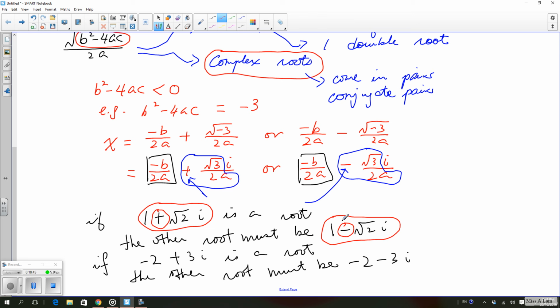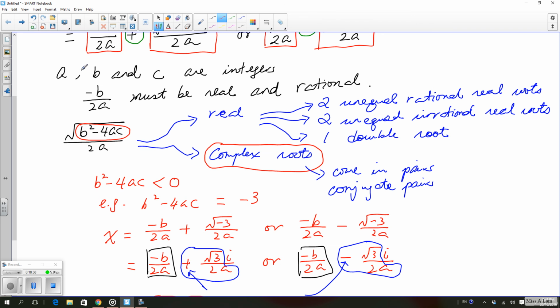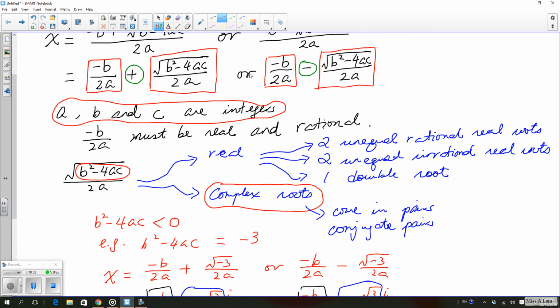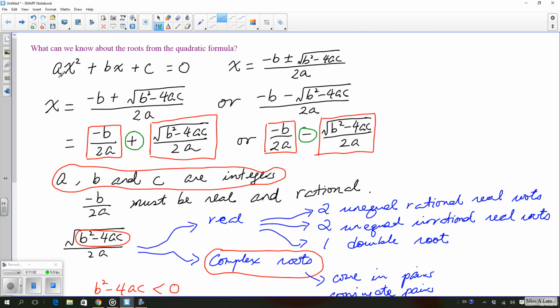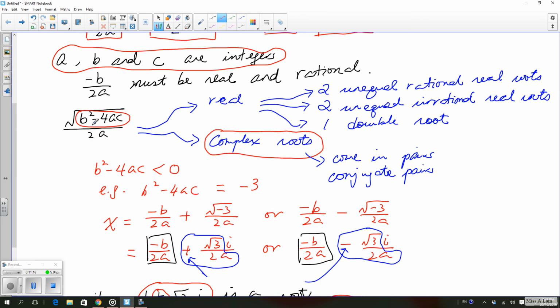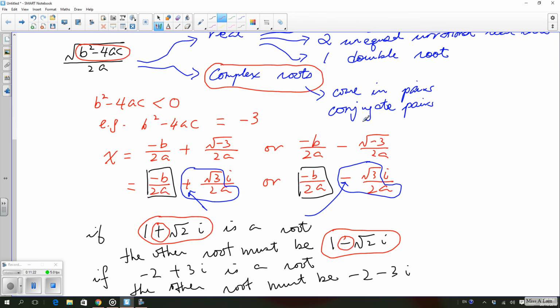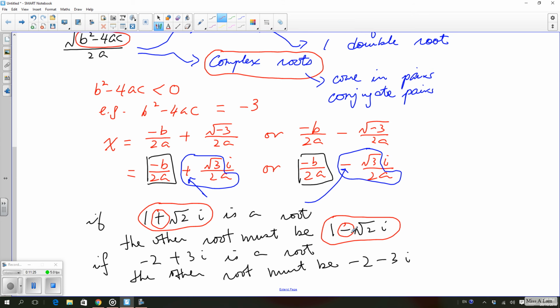For all quadratic equations having integral coefficients, don't forget this one, it means if we look at our general quadratic equation, ax squared plus bx plus c, if a, b, and c are integers, and the equation has complex roots, the roots must come in conjugate pairs like that.